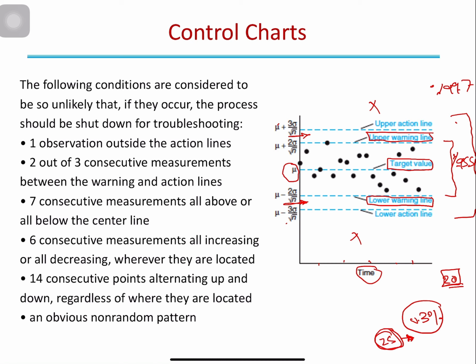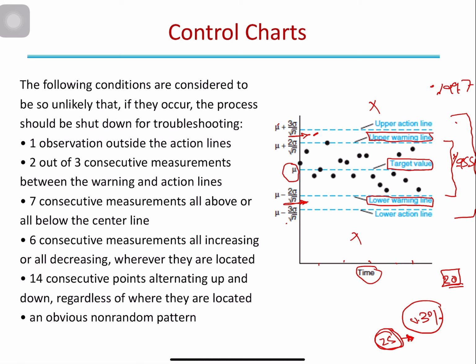If you have 7 consecutive measurements all above or below the center line, regardless of where they are, whether between the target value and upper warning line or between the warning and action line, all on the upper side or all on the lower side, then this is not a random distribution. There is definitely a pattern here.